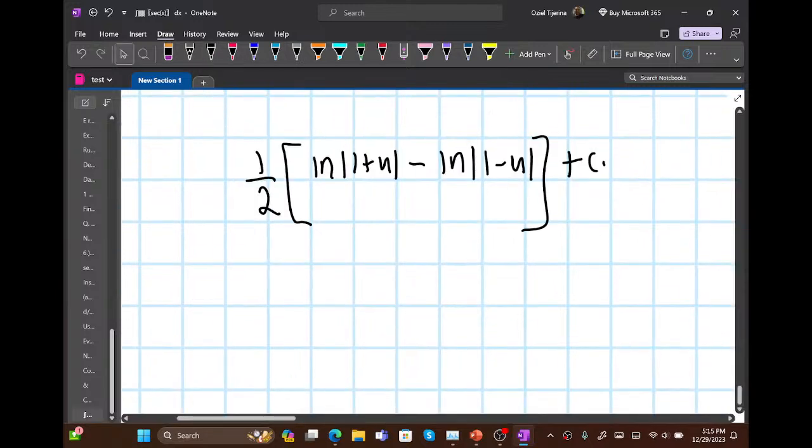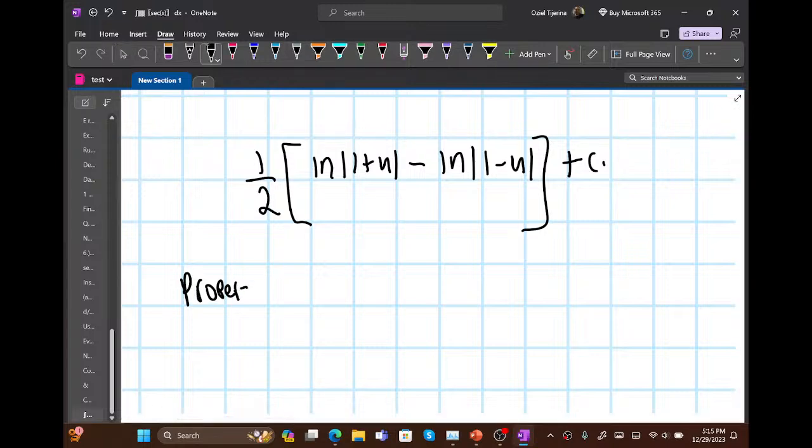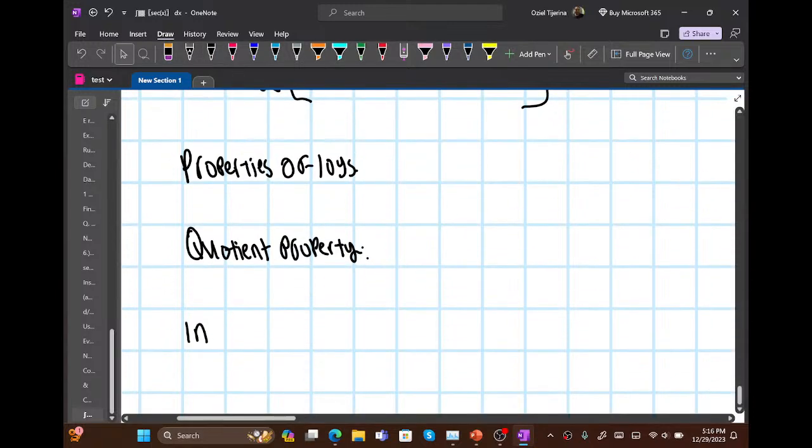But remember that by the properties of logarithms, the quotient property says that the natural log of a over b is equal to the natural log of a minus the natural log of b.